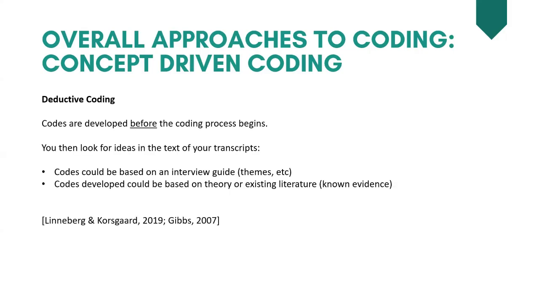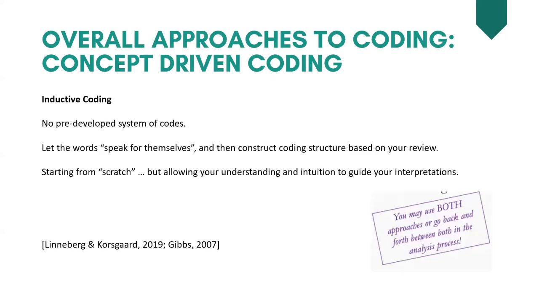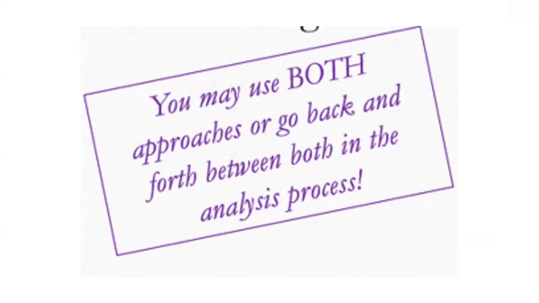So if your supervisor says to take a deductive coding approach, sure, take a deductive coding approach, but recognize that you can also use both simultaneously. So we start with some ideas, we let the data tell us more, and we go back and forward between. As we see some, we might think, okay, now I've got a few extra ways to categorize my data.